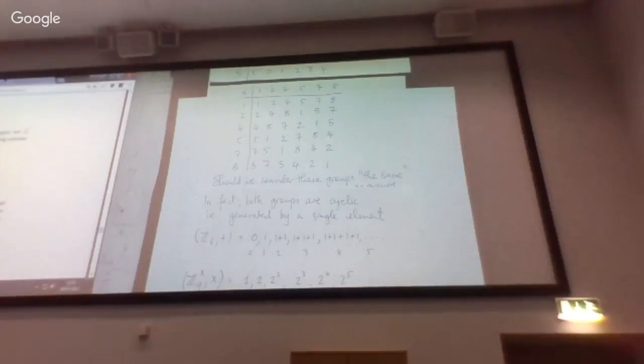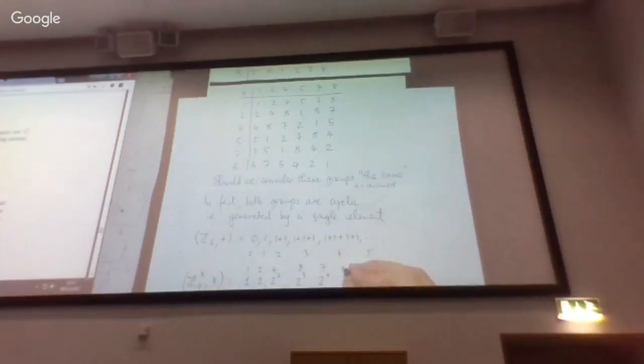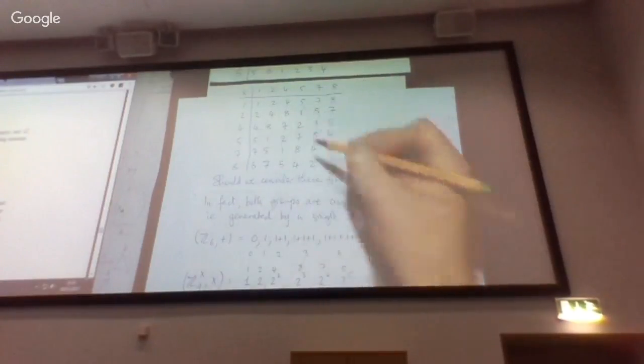Now, in the group Z9, these elements are 1, 2, 4. Well, 2 cubed is 2 by 4, which is 8. 2 by 8 is 7. 2 by 7 is 5. 2 by 5 is 1 again.